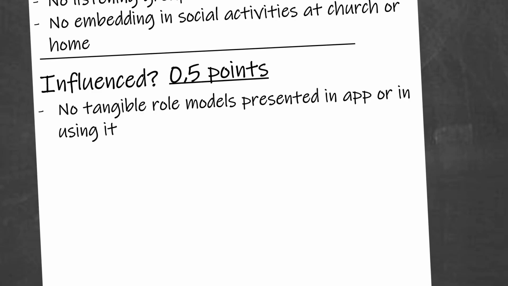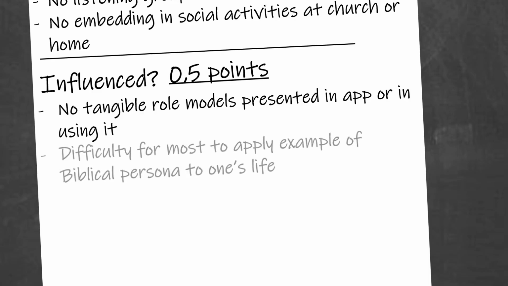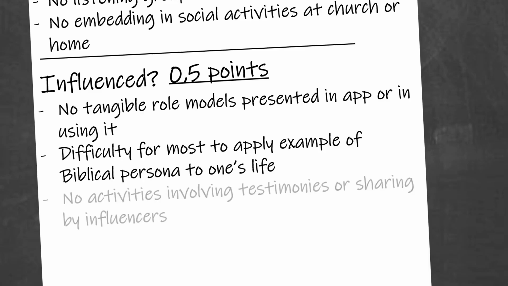However, only a small percentage of dedicated churchgoers with good Bible knowledge have developed the skill and knowledge required to apply the example of biblical persona from a very different socio-cultural context to their own lives.